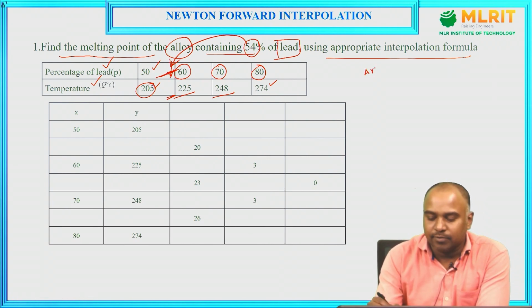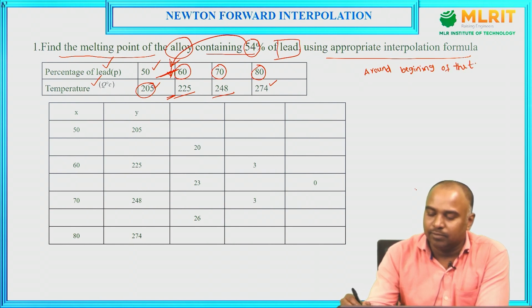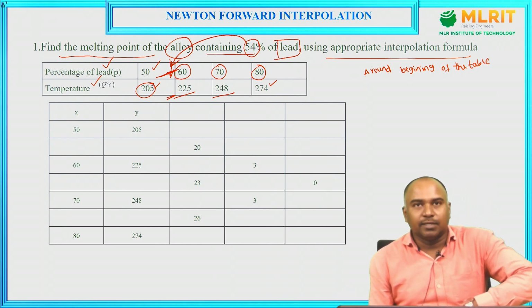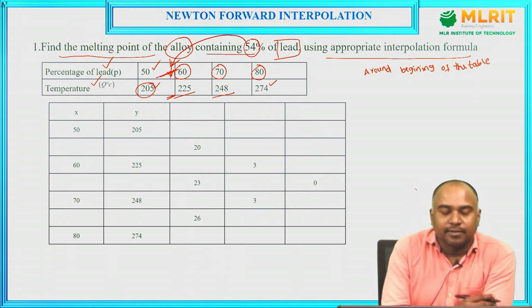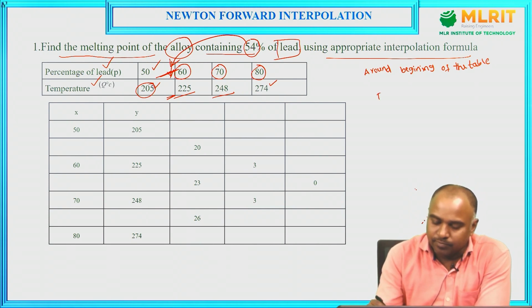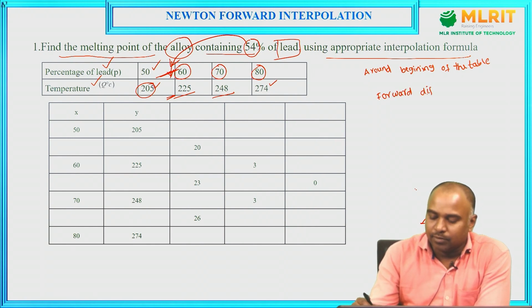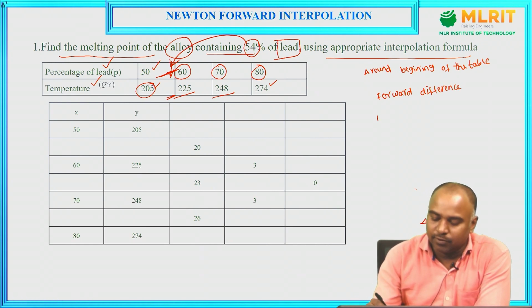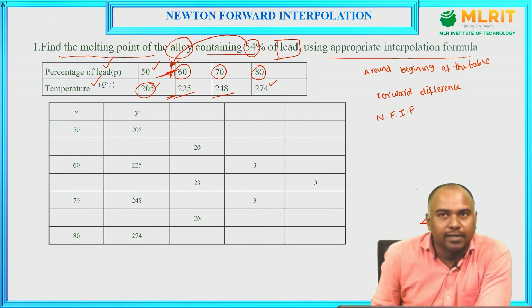So if the point is located at the beginning or starting of the table, to evaluate that particular point we use the forward differences concept. First we construct the forward differences table. After constructing it, we use the Newton forward interpolation formula to evaluate that value.